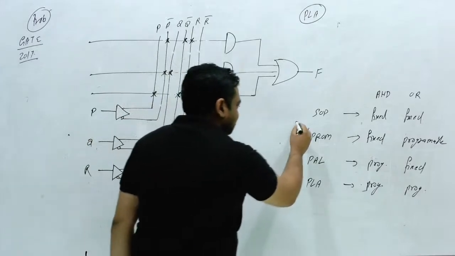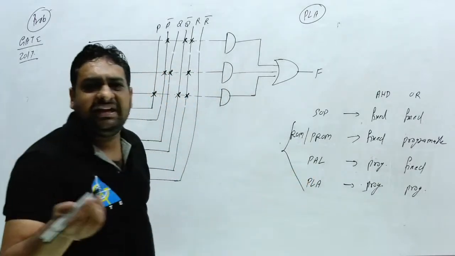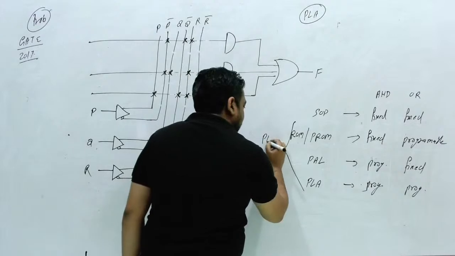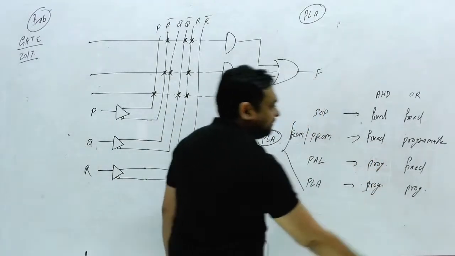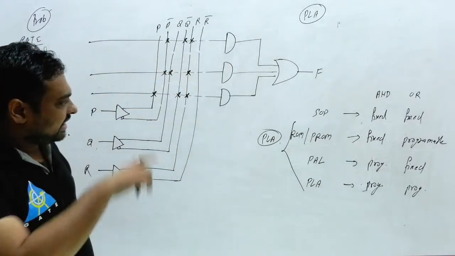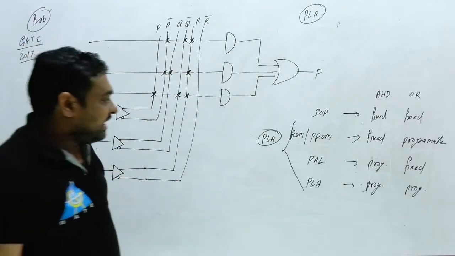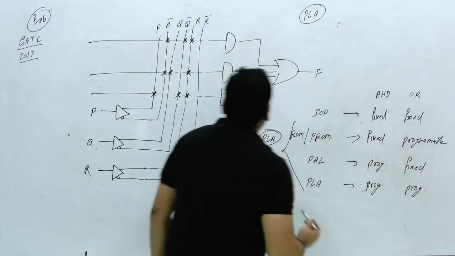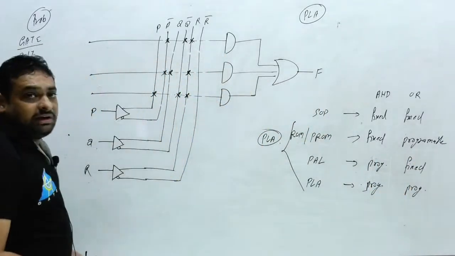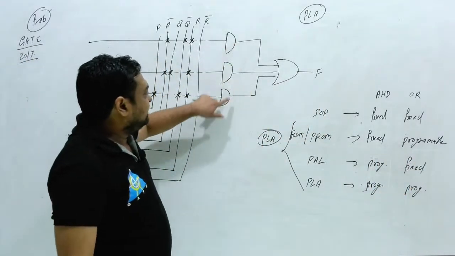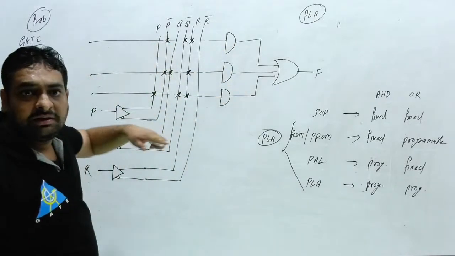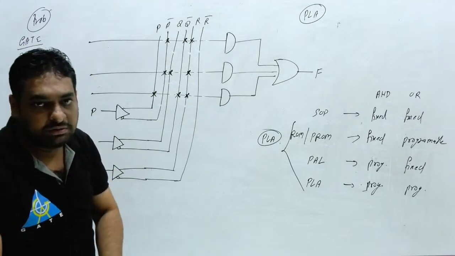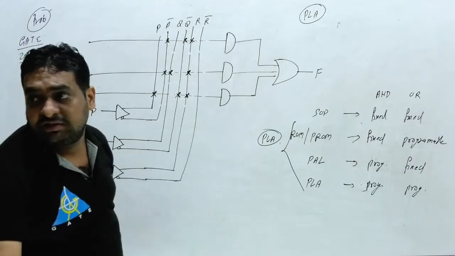Either you can say PLA, all this is programmable logic array, because both are programmable. Clear this thing? So this kind of structure can be possible. Already we have studied this kind of structure. Now here if you can see, this part is fixed, and this initial part is programmable. Okay, so let's see what will be the output of this circuit.